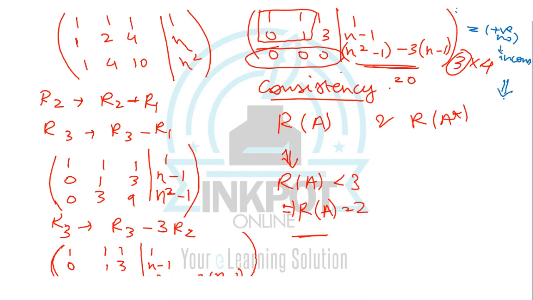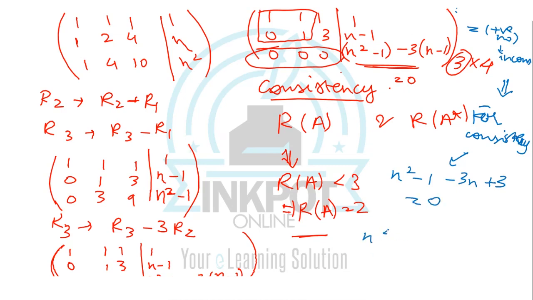Which implies that for consistency, eta square minus 1 minus 3 eta plus 3 should be equal to 0. Okay.